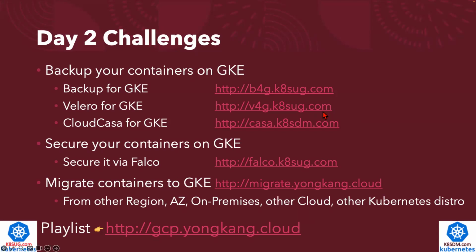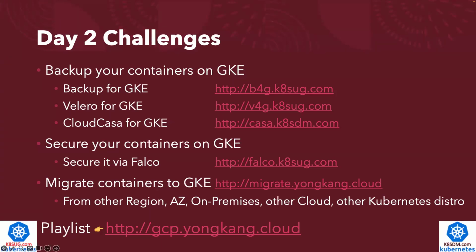I also have a video on how to use 1 minute to enable Velero backup for GKE. But Velero, while very good, is command line driven. If you want a nice UI, CloudCasa can give you a better option. You don't have to change anything to continue using Velero, but on top of that you get a nice UI, centralized monitoring and reporting, and you can easily migrate from one cloud to another.